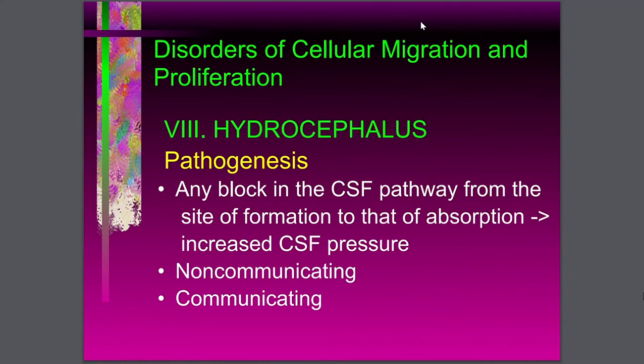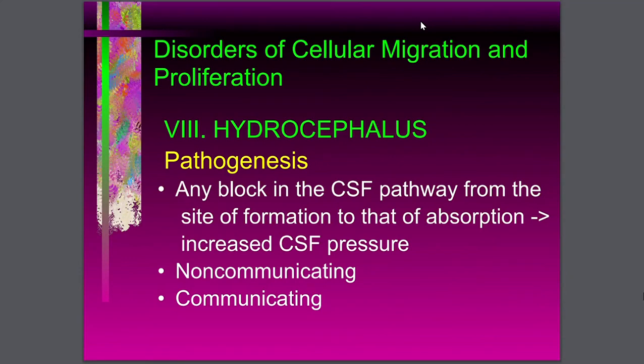So the pathogenesis, the cause of the hydrocephalus, is there is a blockage in the pathway of the cerebrospinal fluid from the site of its formation to that of its absorption. So the CSF is produced from the choroid plexus in the ventricles, and then it is absorbed in the arachnoid villi, no? So if there is a blockage in any of this pathway, there would be increased cerebrospinal fluid pressure.